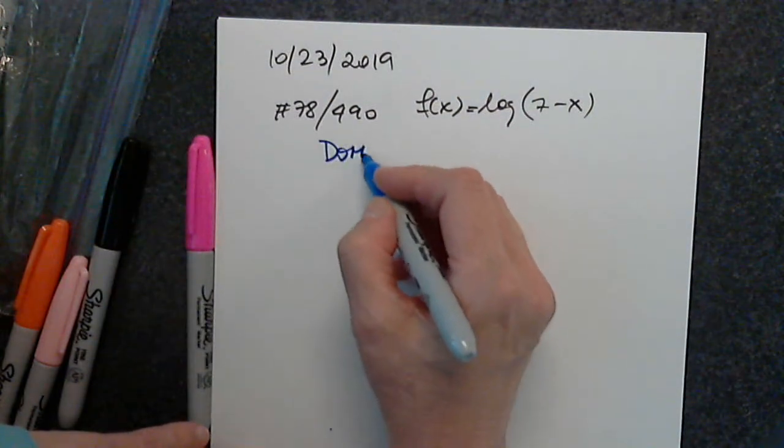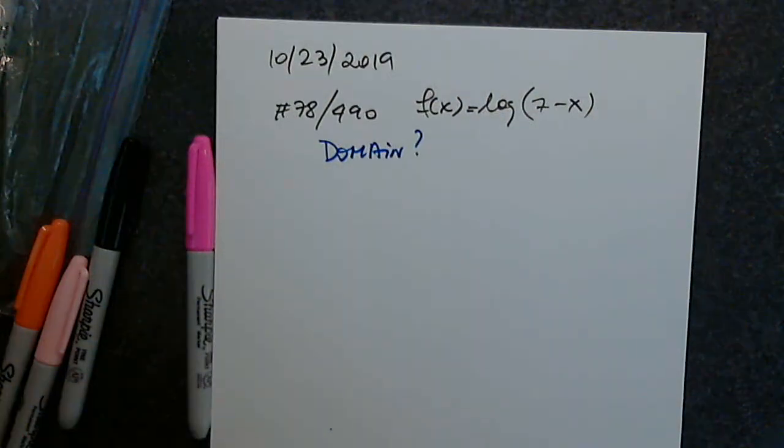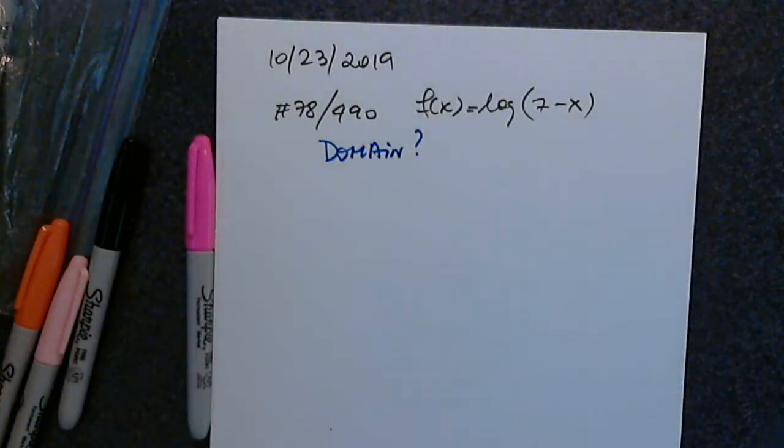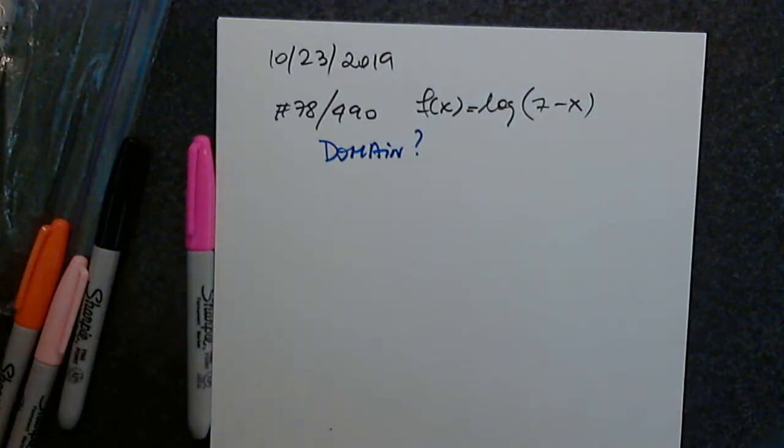What do I have to write? The base is 10. We don't write it. It's by convention. LOG means base 10. We're not solving, but I have to write something to solve.